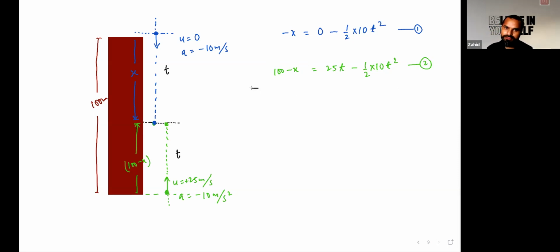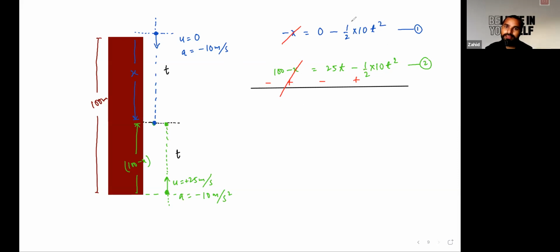For subtraction, just draw a line and change the sign of each term, because on subtraction, sign changes. So here 100 is plus, so it would be minus; minus would become plus; plus would be minus; minus would be plus. Now, in the first part, x is negative, but in this part, x is positive, so this x and x will cancel out.